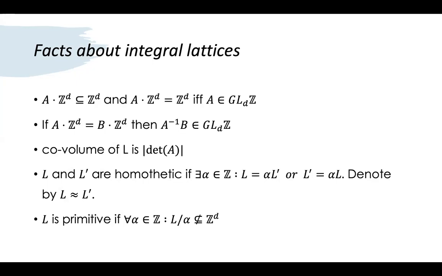So it's invertible, and its inverse also has only integers in its entries. Okay, so from that, it's easy to see that the lattice AZ^d is the same as BZ^d if the inverse of one of them times the second is in the integral invertible matrices.